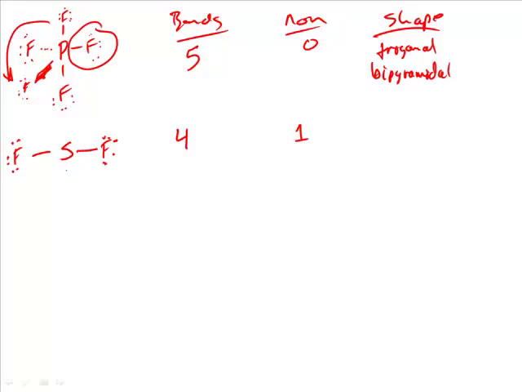And the reason that we do this is because now one of these is pointing out, one of them is pointing in. And again, the reason that we do that is because we now have this 1 lone electron pair here. The shape is relatively the same, except for that fluorine's not there anymore. We've got our 1, 2, 3, 4 bonds, our 1 non-bonding pair.